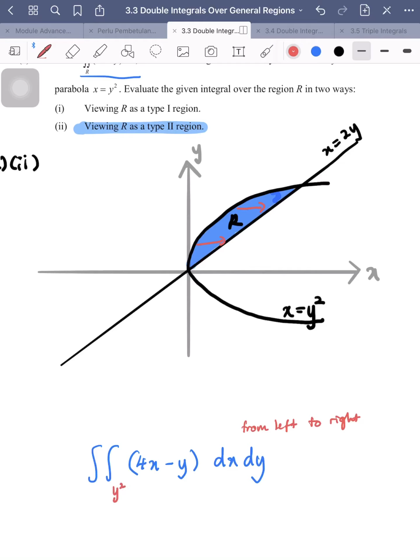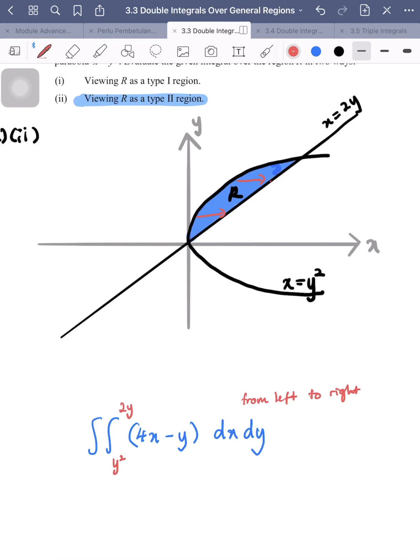So x equal to y squared. And the right limit, the line here, is x equal to 2y. Okay, so you get your first integral.